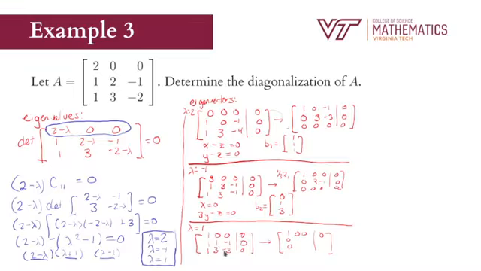And since 1, negative 1, and 3, negative 3 are multiples of each other, I'll also cancel the entries in row 3 using row 2. And that tells me that x is 0, but y minus z equals 0. And so 0, 1, 1 is our third eigenvector.